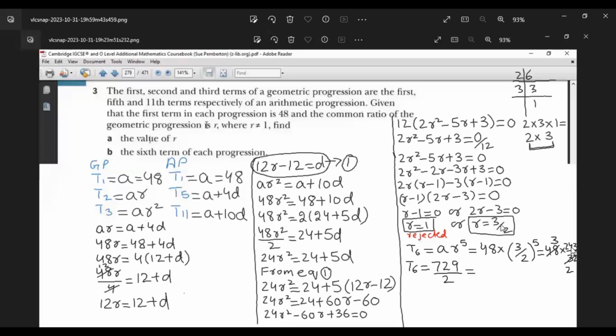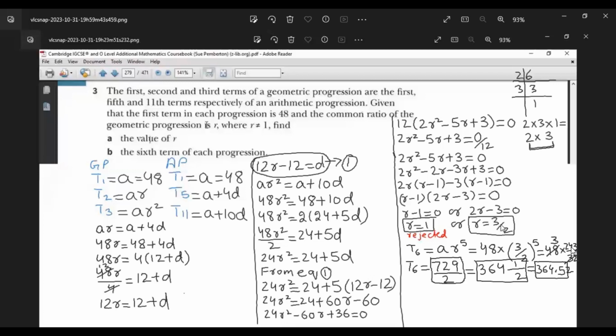You can leave your answer like this or bring it into a mixed number, 364 and 1 upon 2, and if you want to write it in decimal, this will become 364.5.